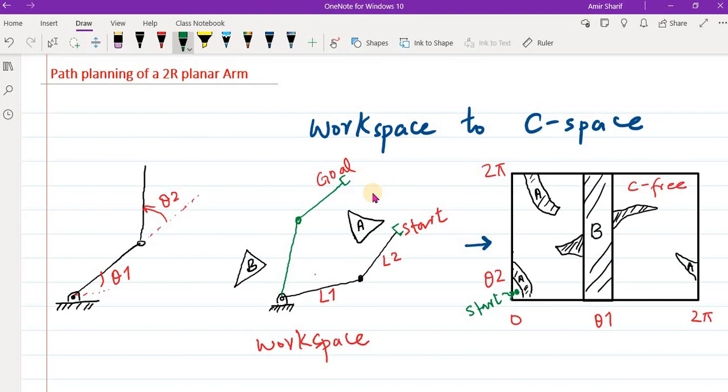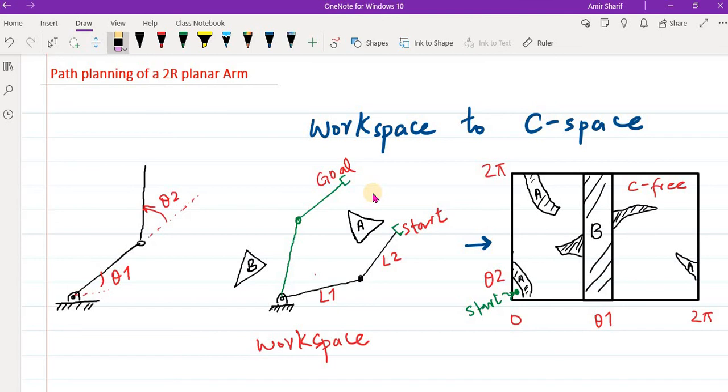It will have a position like this. It will become complex. So the end effector will move like this here. So it needs to be down from this, below this obstacle, so it can avoid the collision.